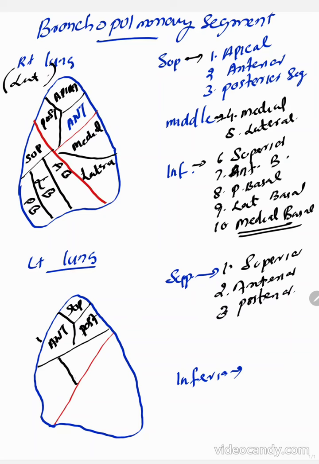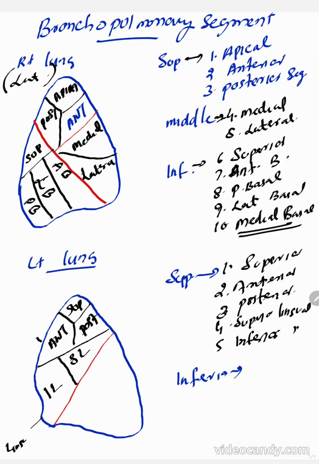That is the lingula. So here is the superior lingual and inferior lingual. So the fourth is superior lingual and the fifth is inferior lingual.